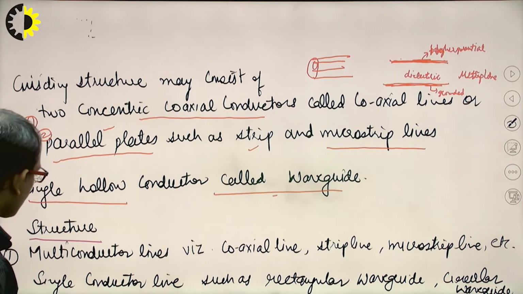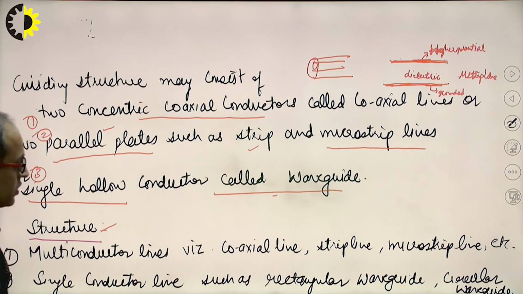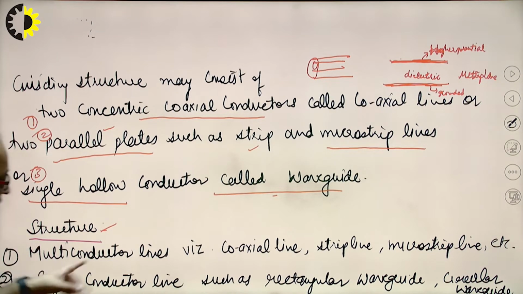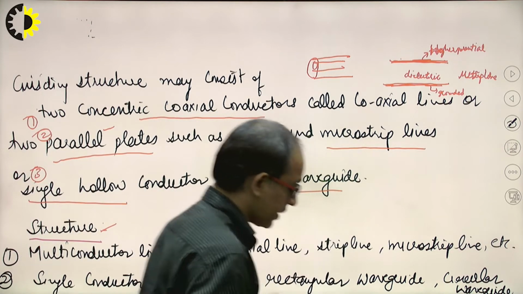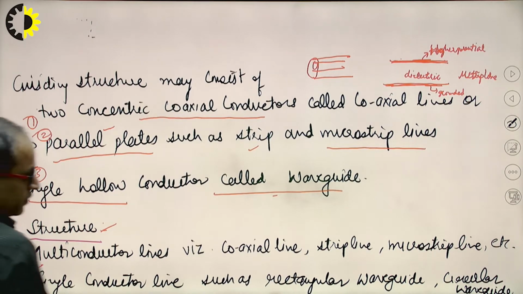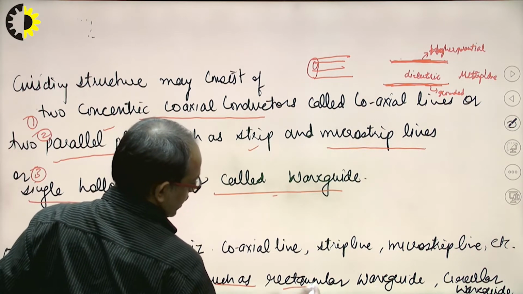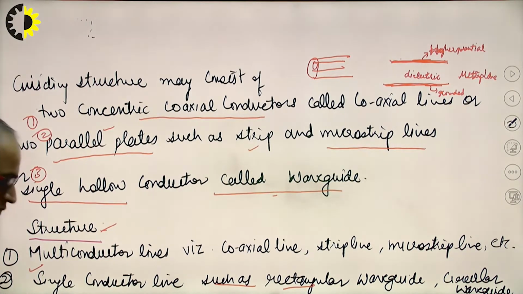Clear? Now the structure can be further categorized into two types: multi-conductor line, examples of which are coaxial line, stripline, microstrip line, in which two parallel conductors are there, and the other one is the single conductor line, such as the rectangular waveguide and the circular waveguide.